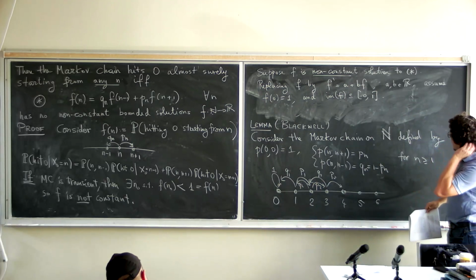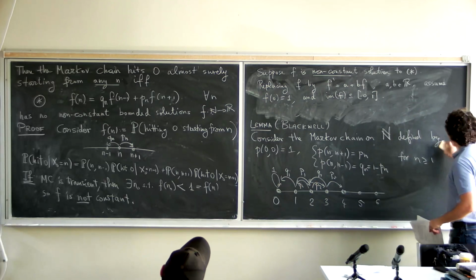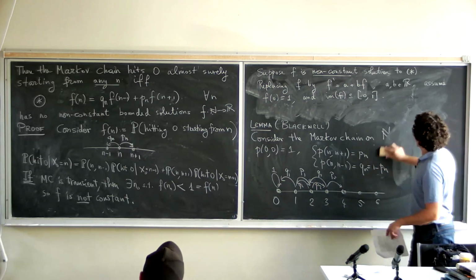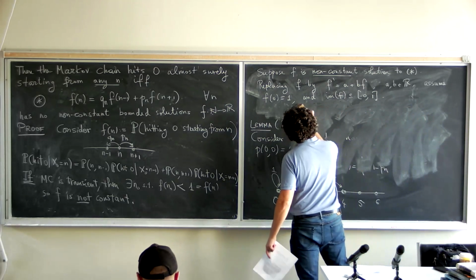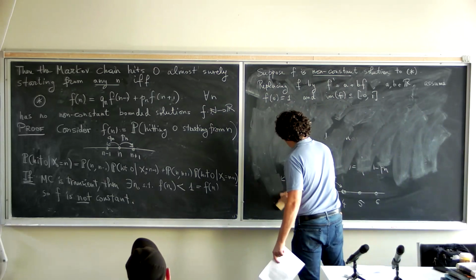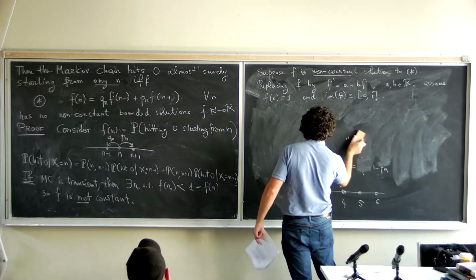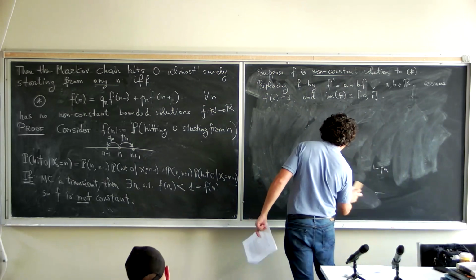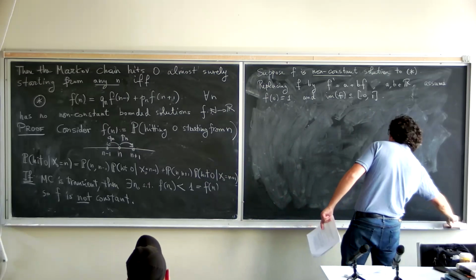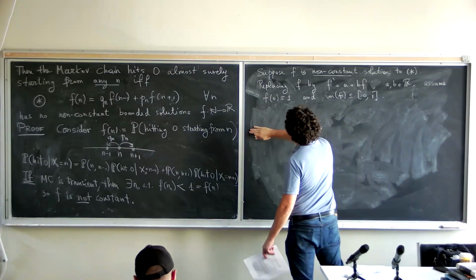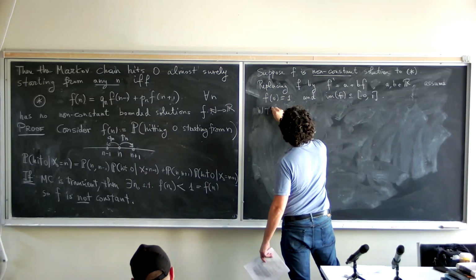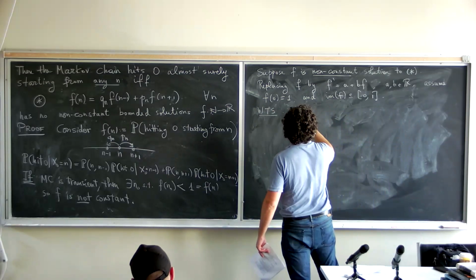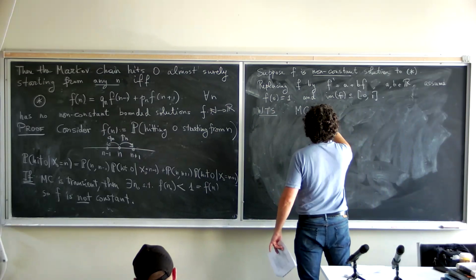Now we want to show that from this, the walk is transient. The walk does not go to 0 almost surely. So we want to show that the Markov chain is transient.